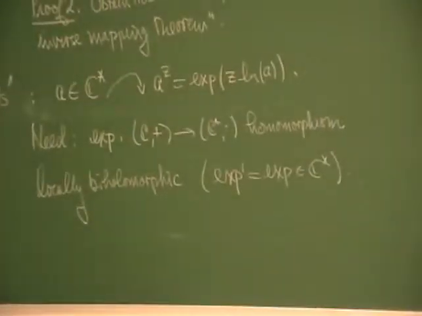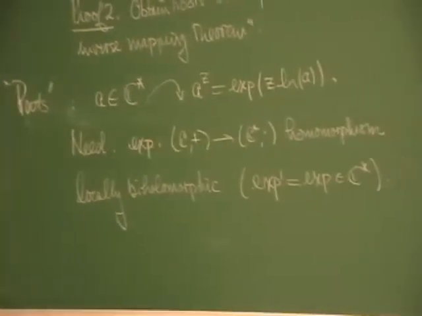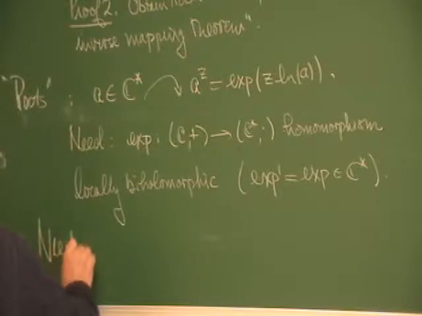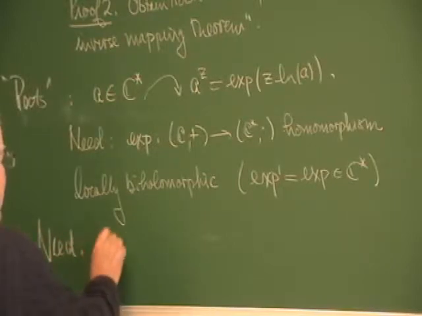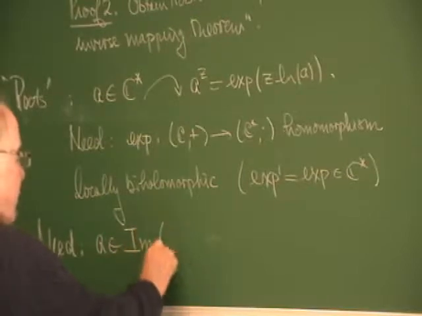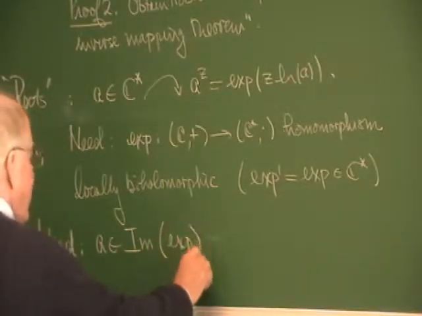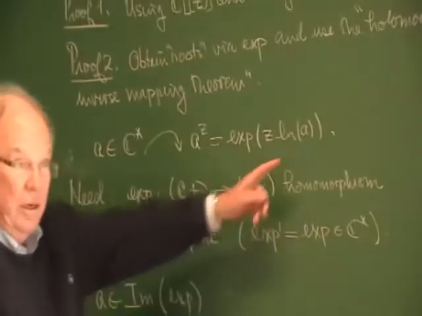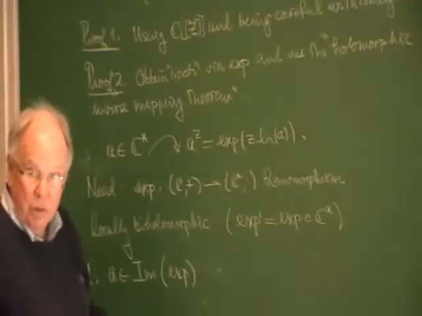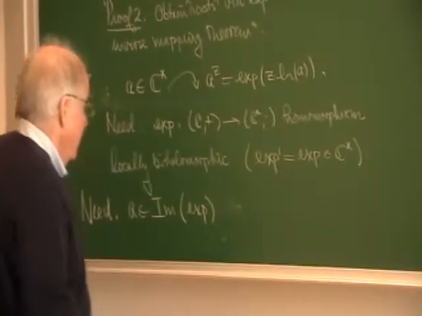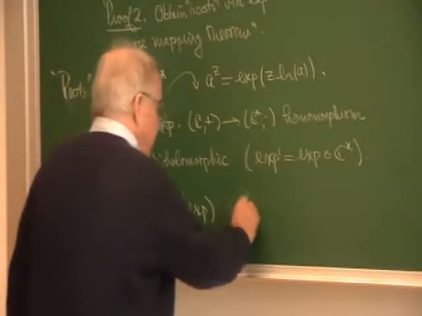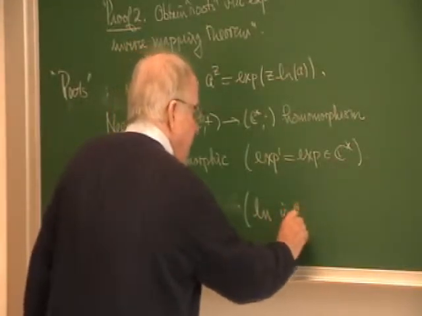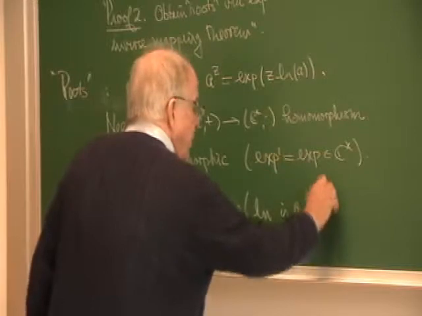So it's locally biholomorphic, but one of the key things you're really going to need, you need very badly here, is that A is in the image of X, because you're going to take log of it, and log is the local inverse mapping. Log, or ln, is a local, not unique, inverse mapping.